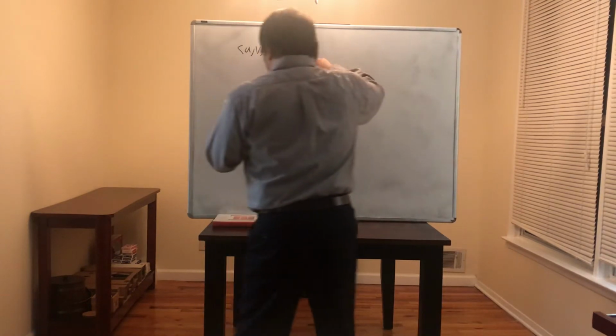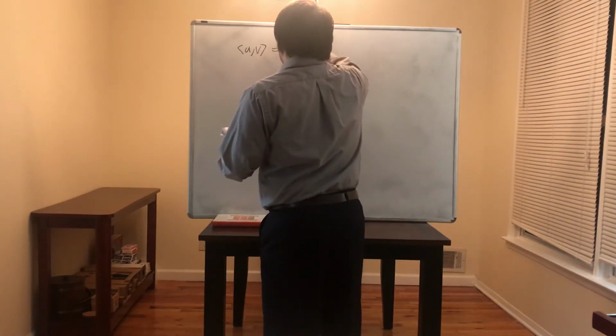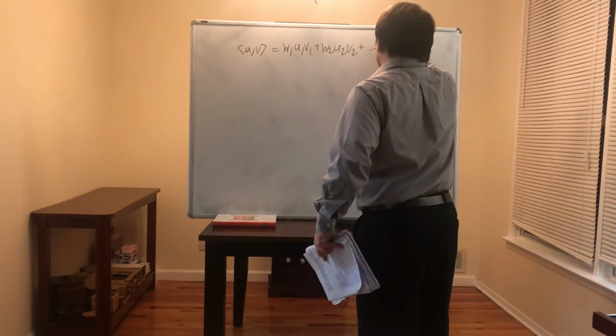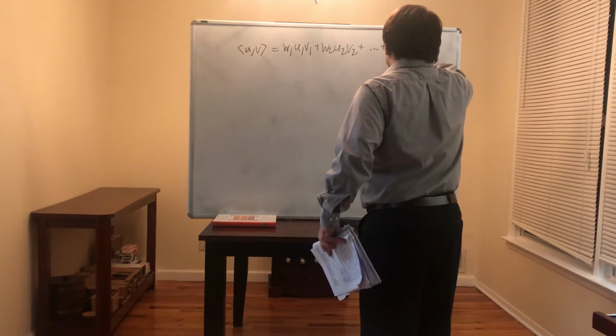So the inner product between U and V is equal to W1 U1 V1 plus W2 U2 V2 plus ... plus Wn Un Vn.